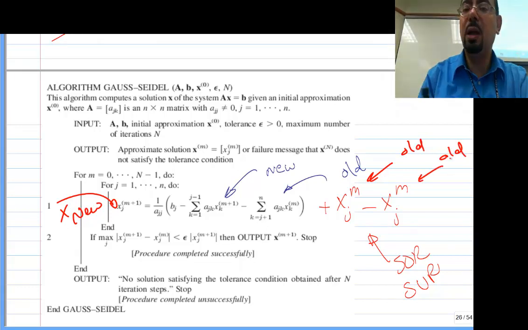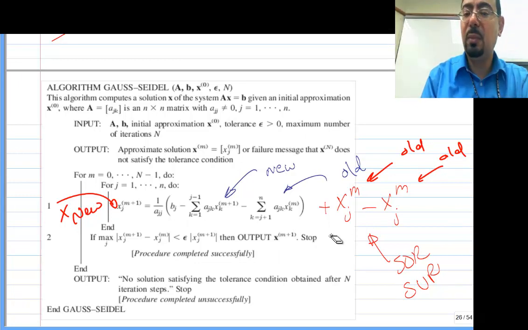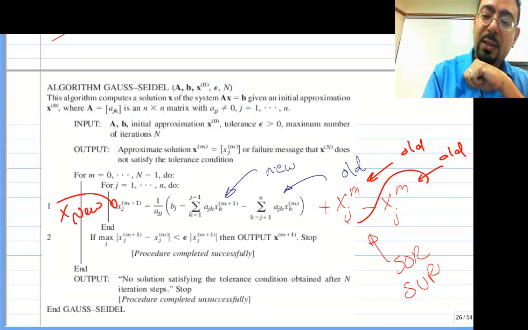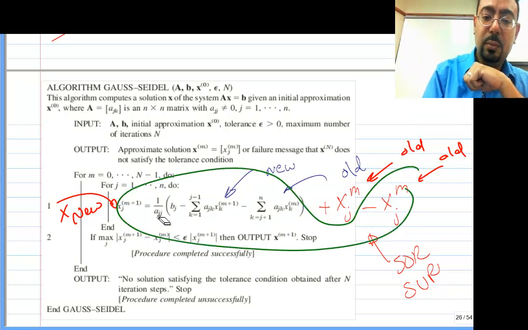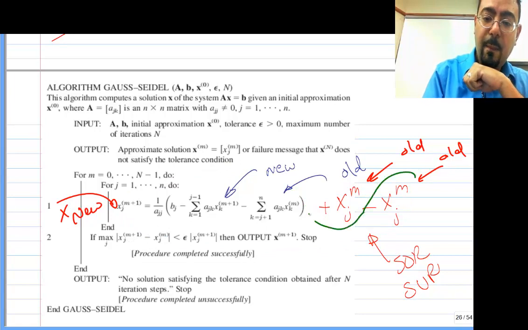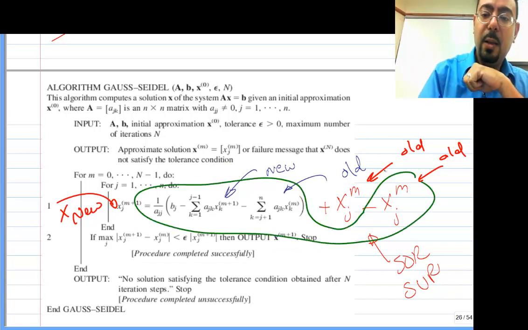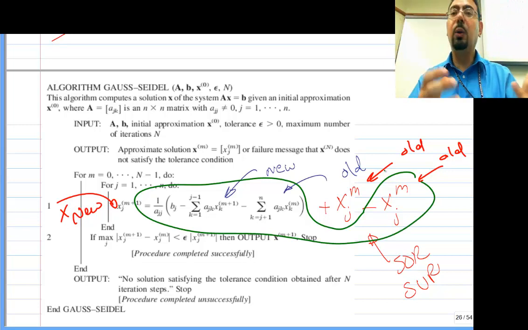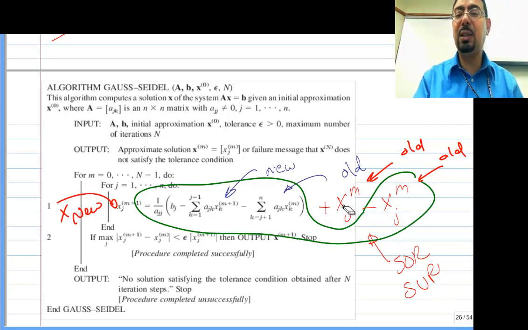What you did right now is that you now have x new equal to x old plus everything else. Let me highlight everything else in green. So now the formula is telling you x new is x old plus something.